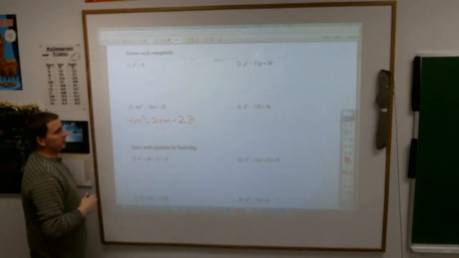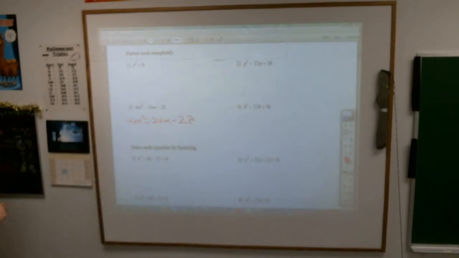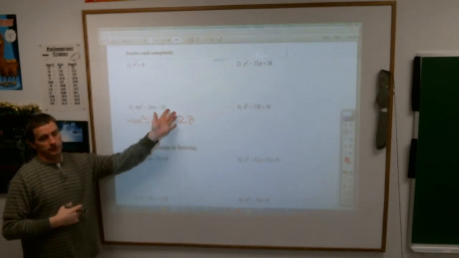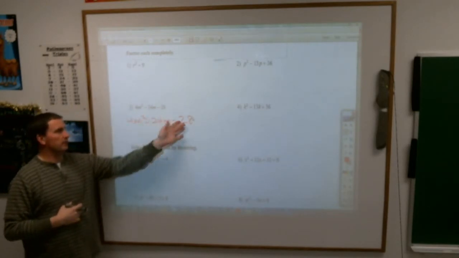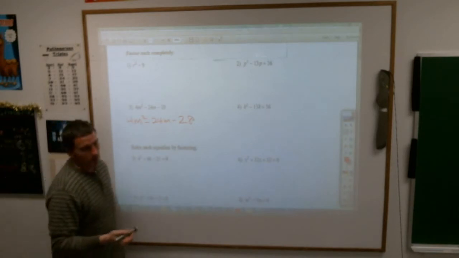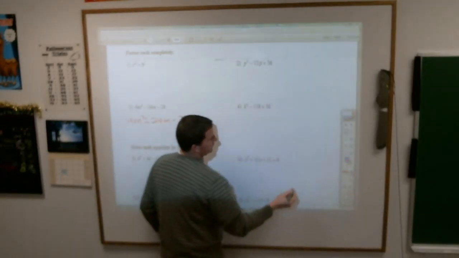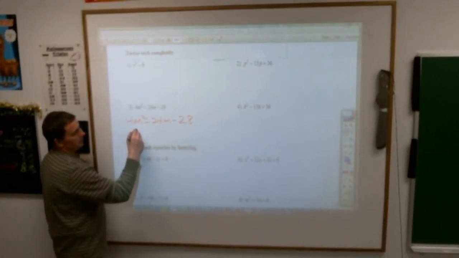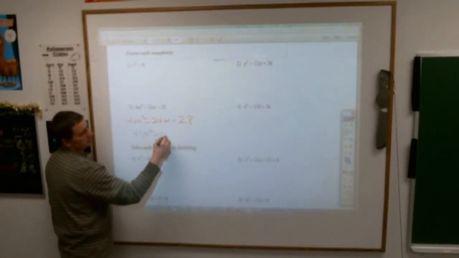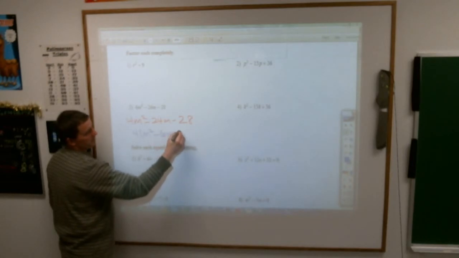Step number 1, and that'd be the second big note I wrote for myself. If you're trying to factor a trinomial, you need to look for common factors first. What can you take out of 4m squared minus 24m minus 28? A 4. So if you take a 4 out, you're left with m squared minus 6m minus 7.